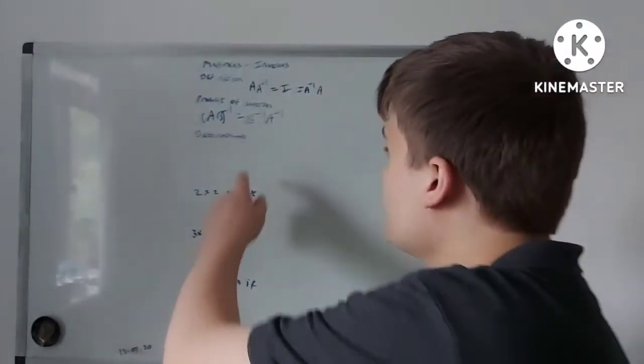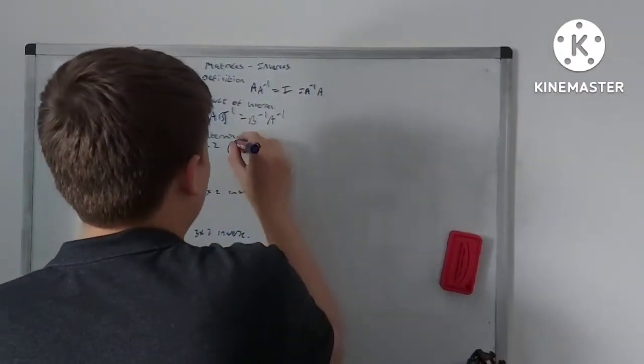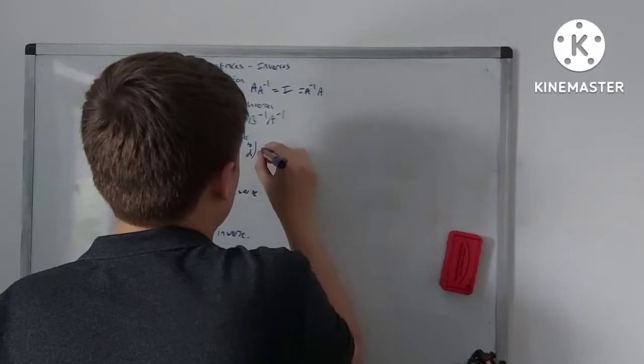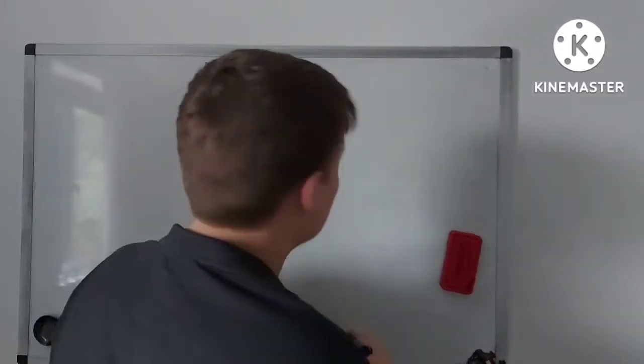If I want the determinant of a 2 by 2 matrix A, B, C, D, I do AD minus BC, make sure it's a minus in the middle.